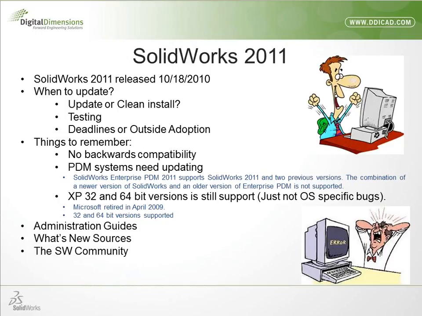And of course, if you work with outside vendors or other offices or other divisions in your company, you want to make sure they're going to be able to open your files. If you open and save something in 2011, it's not backwards compatible, so they won't be able to open it. You're going to want to make sure everybody is up to speed at the same time.